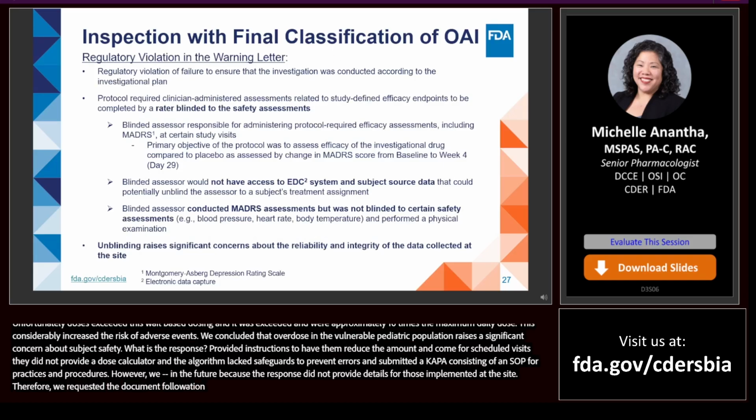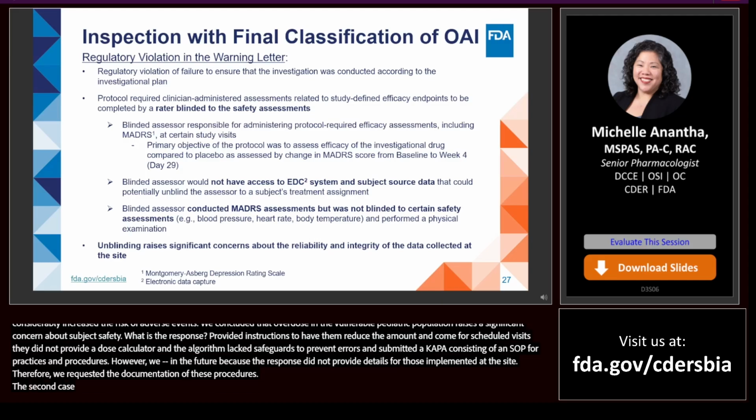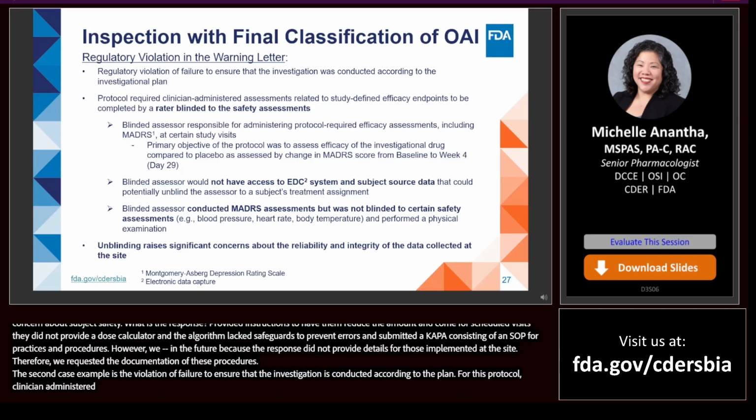The second case example also describes a violation of failure to ensure that the investigation was conducted according to the investigational plan. For this protocol, clinician-administered assessments related to efficacy endpoints were to be completed by a rater that was blinded to safety assessments.